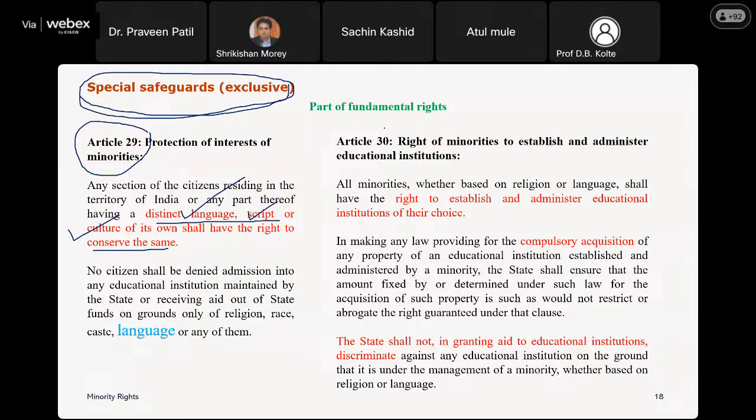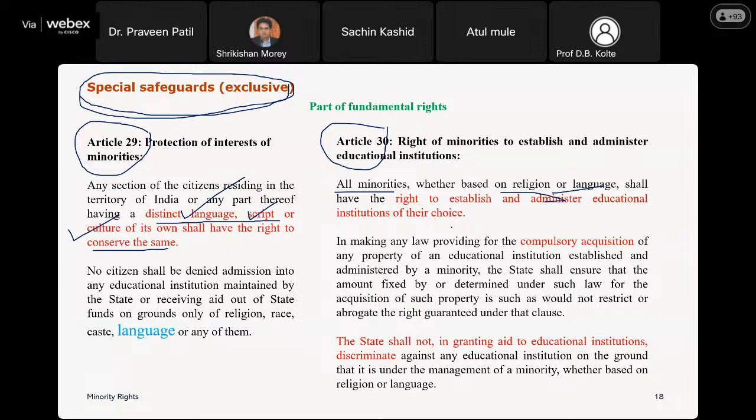Similarly, Article 30 of the Indian Constitution says all minorities, whether based on religion or language, shall have a right to establish and administer educational institutions of their choice.